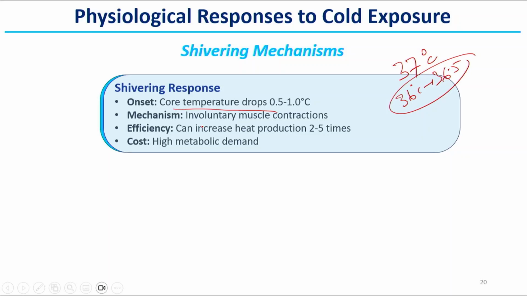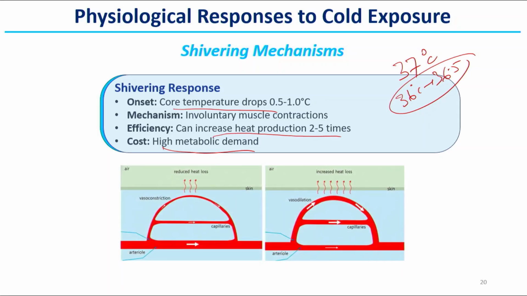The mechanism is that muscle contraction starts, which generates energy and can increase the heat production rate by 2 to 5 times. Additional heat is produced, and it demands high metabolic demand. So, that is the shivering phenomenon.